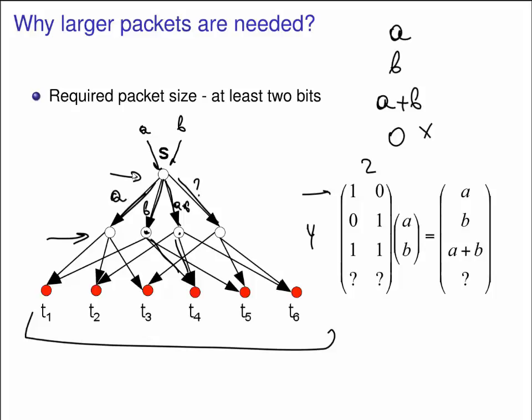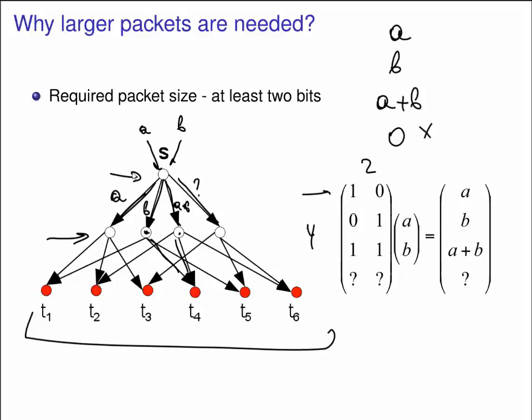So the requirement imposed by this network is that any 2 rows of this matrix must be linearly independent, because each 2 rows correspond to 2 intermediate nodes, and there will be terminals connected to those 2 intermediate nodes.